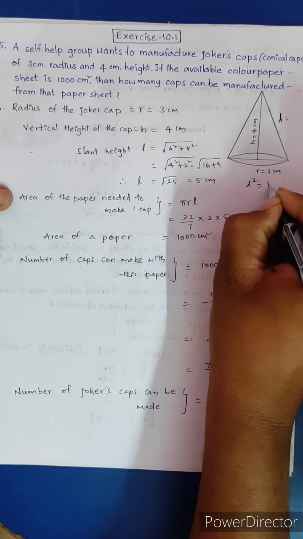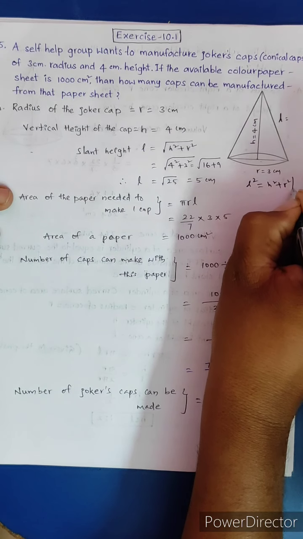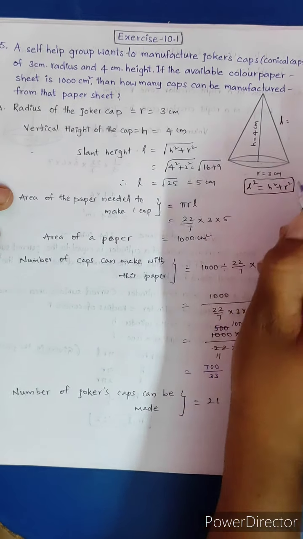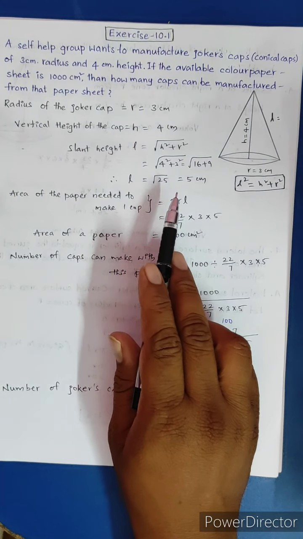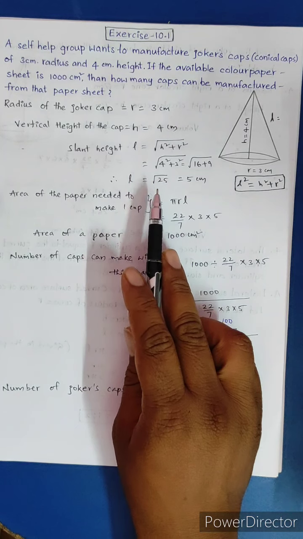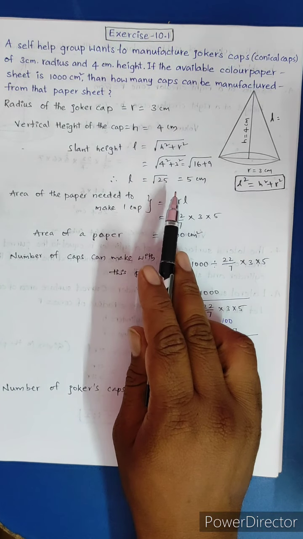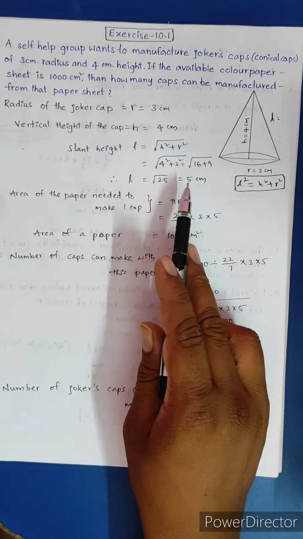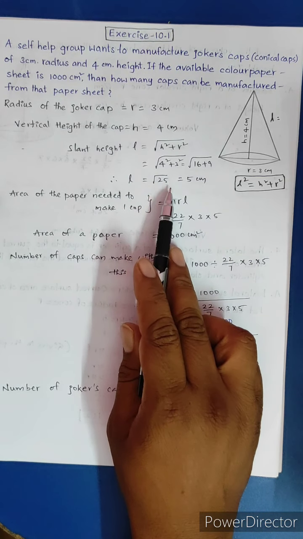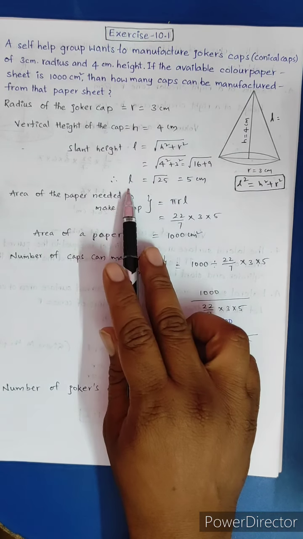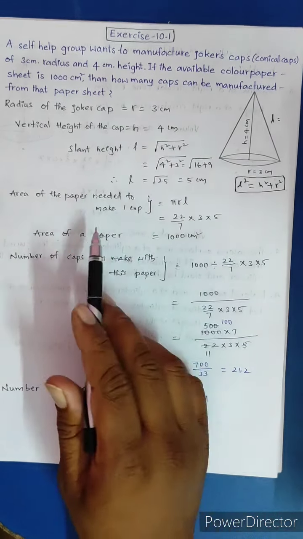L is equal to square root of H square plus R square. Value of H is 4, value of R is 3. 4 square plus 3 square is 16 plus 9. Their sum is 25. Square root of 25 is 5. Now the slanting height L is equal to 5 centimeter.